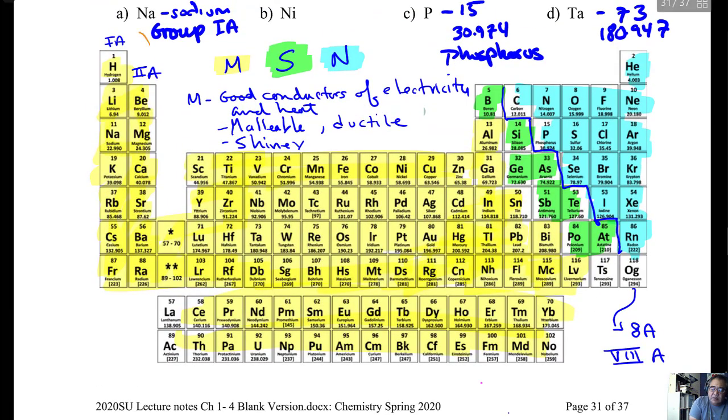It's these groups here, and then all these groups here. So this is 1A, 2A, 3A, 4, 5, 6, 7, and 8A. Having said that, the reason they get their name is because they look like they should be next to each other. So they called those the main group elements.